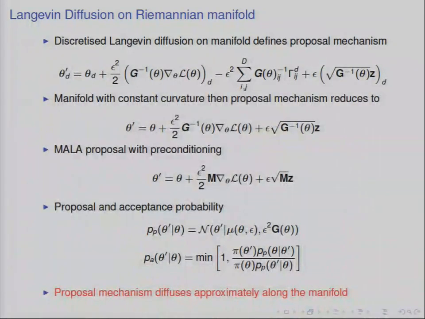But again, because our diffusion process is now defined in the manifold, we're going to have a diffusion which is going to move along the manifold like this. And that's exactly what we want.